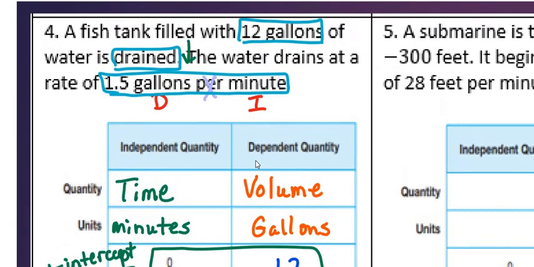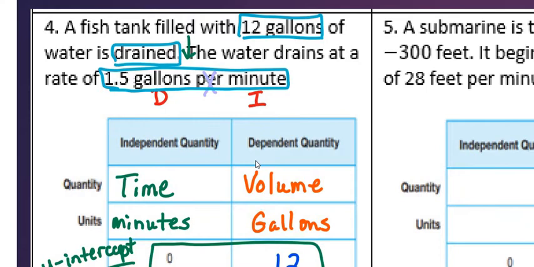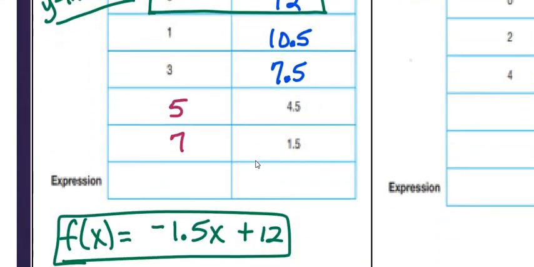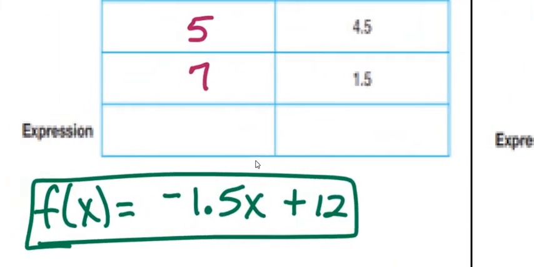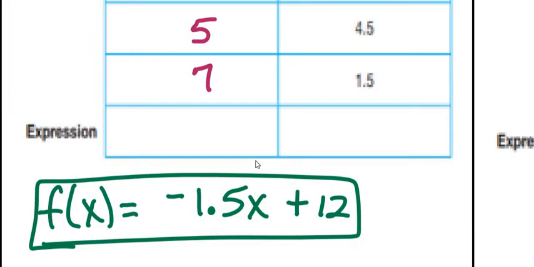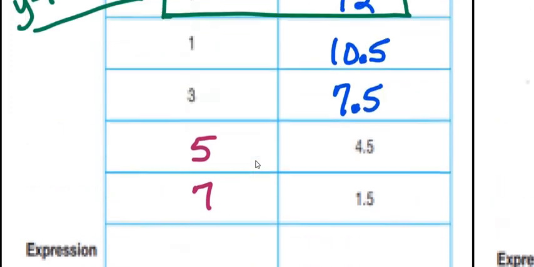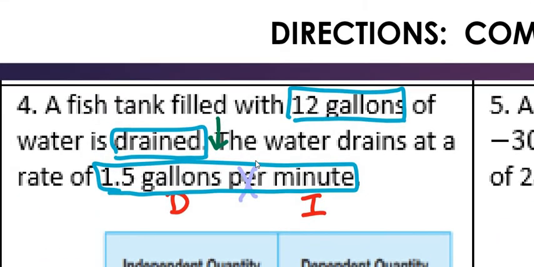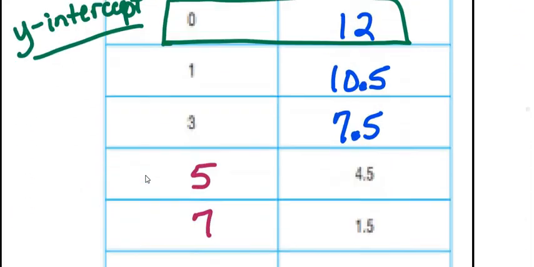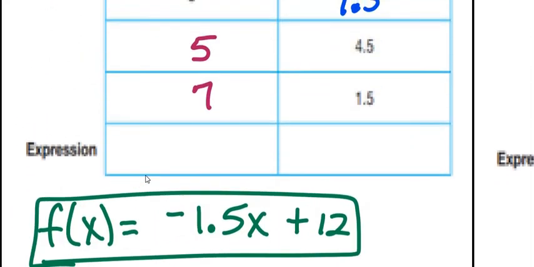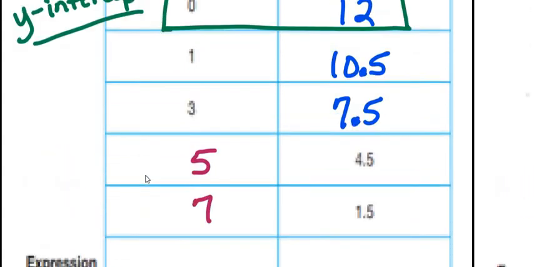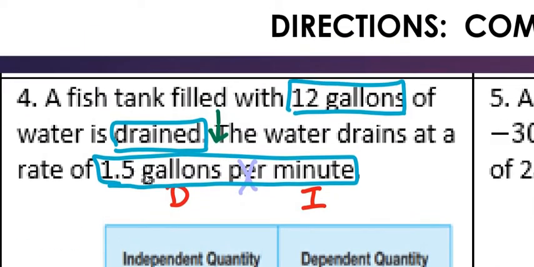Now, we're going to have to write the function right here, and I've already written it for you. f of x equals negative 1.5x plus 12. I get that from this because your slope, your rate of change is 1.5 gallons, and it is being drained out. So this is a negative 1.5x because it is draining out.